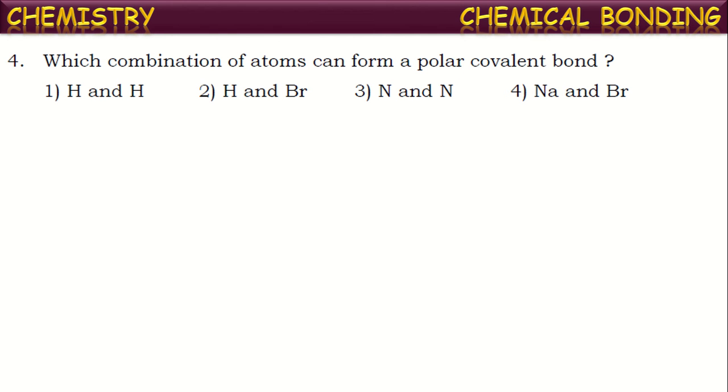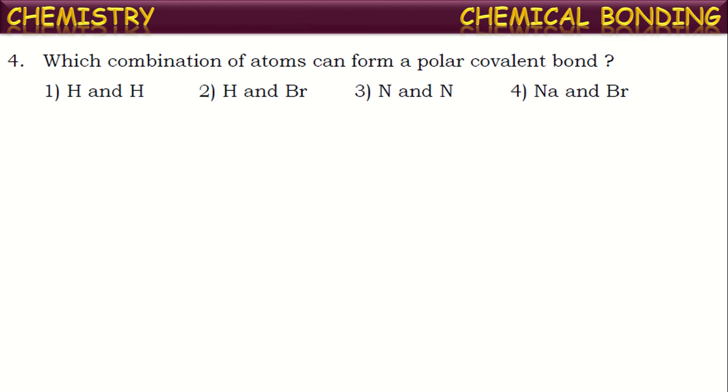What does polar covalent bond mean? It is the covalent bond in which the shared pair of electrons is not equally shared. That happens when two atoms with different electronegativities combine.